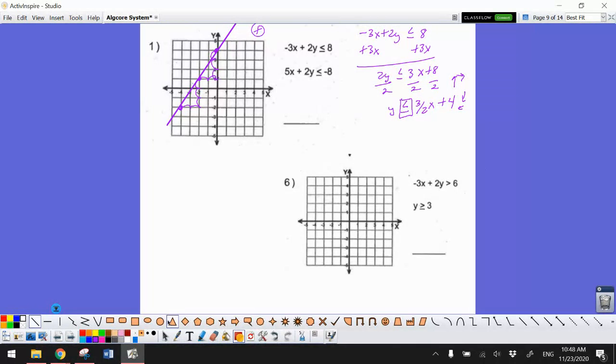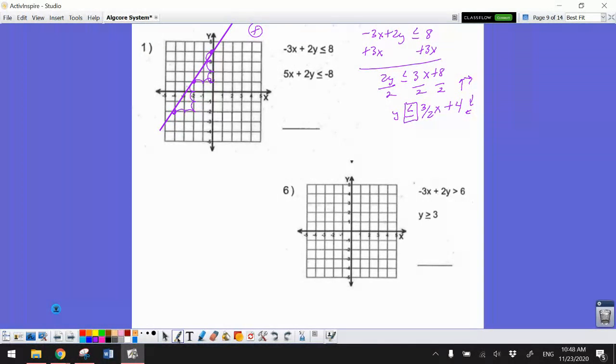And we need to do some shading. So let's take a look at the problem and decide which direction I am shading. Remember, if it's less than or equal to, I am shading down, and greater than or equal to, I'm shading up.